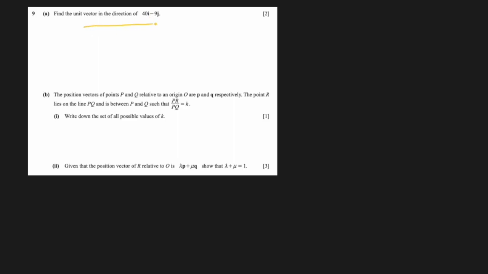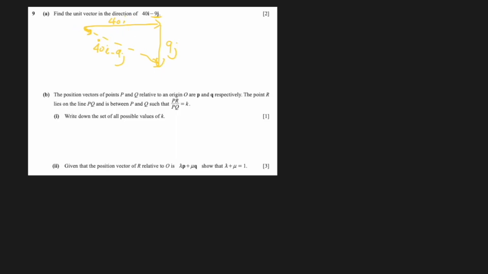So this graph goes 40 units, and minus 9j means goes down 9 units. And this is the vector they are talking about, the sum of the two, 40i minus 9j. What they are saying is to find a small unit vector in this direction.